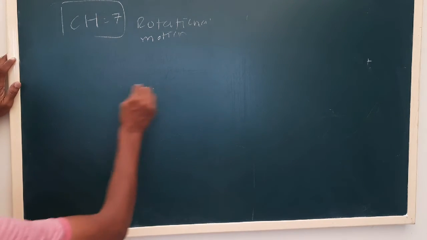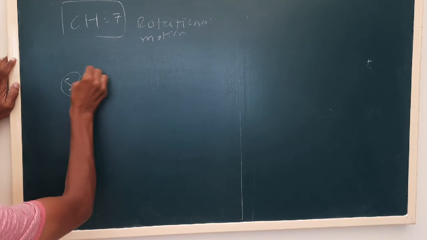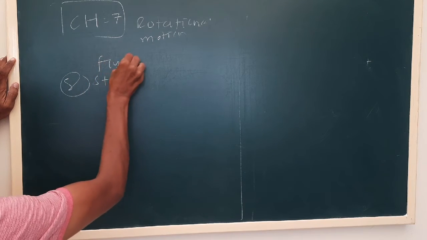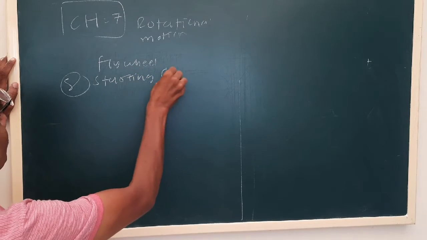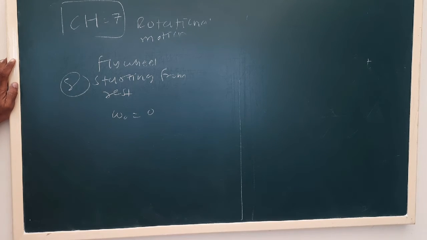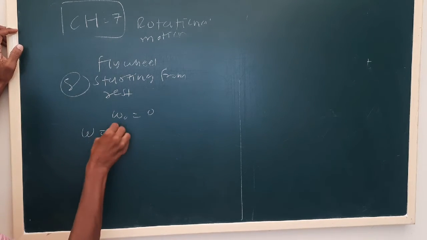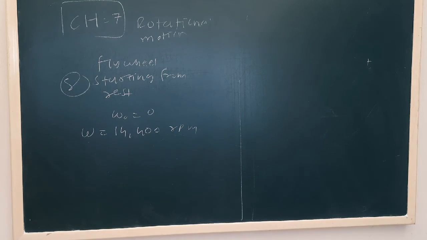Now see, a flywheel's angular speed changes starting from rest. So angular velocity is 0, and changes to 14,400 RPM. Now we know what RPM is, revolution per minute.